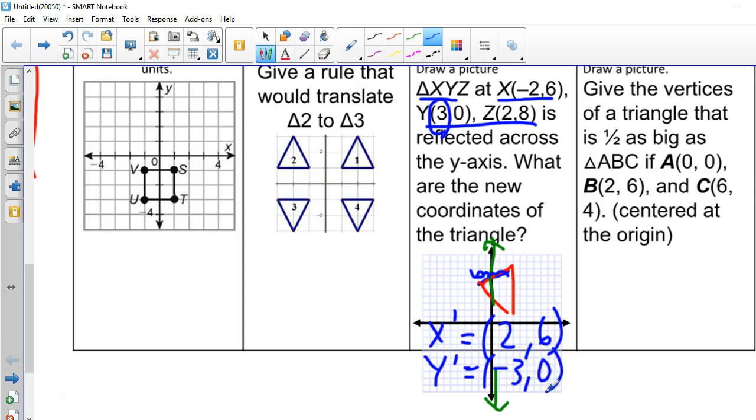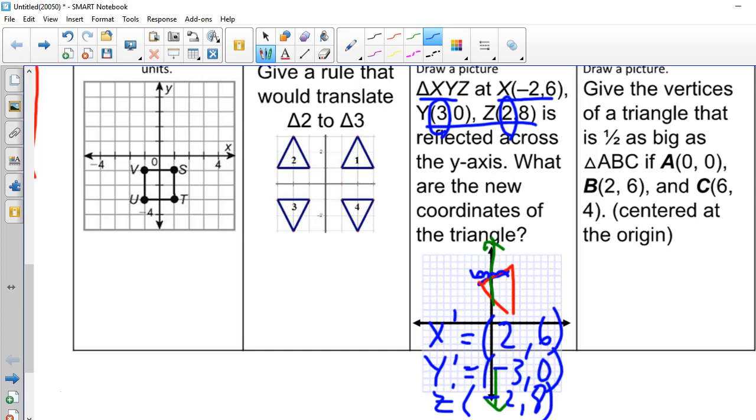You can check it with the graph. I was 3 to the right of that green line, and so I'd have to go 3 to the left to make it flip across the y-axis. Z prime is going to be negative 2, 8, because only my x values have to change. So I didn't really need the picture, but it helped me see what I was doing to get started. So there's the answer to number 4.